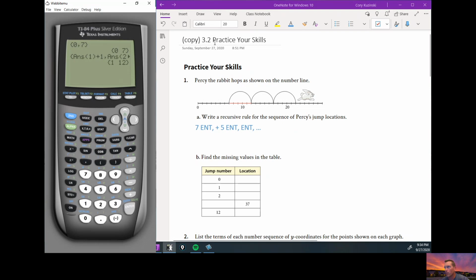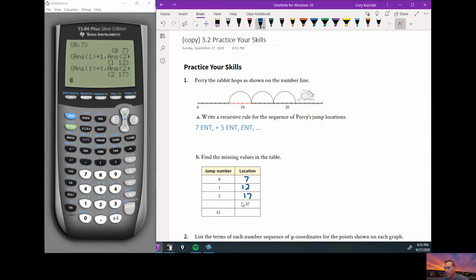So we already know it's 0, 7. And now we just figured out it's 1 and 12. Obviously 2, it's going to be 5 more, which is 17.